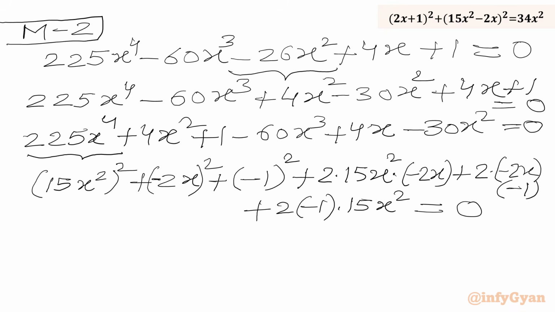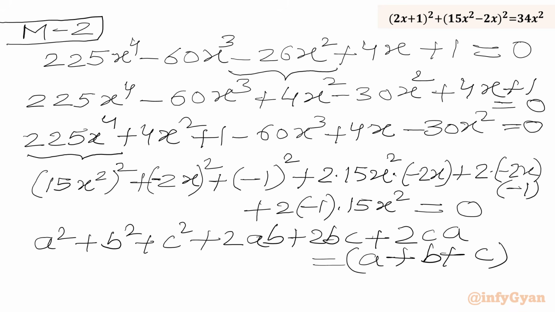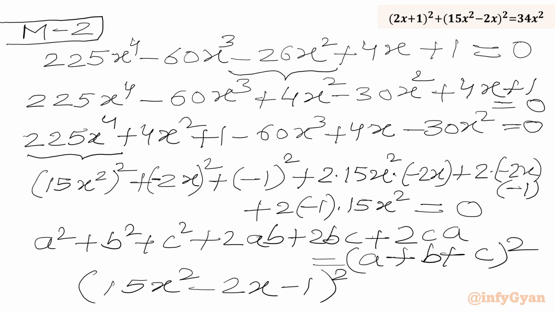Now this is one algebraic identity. A square plus b square plus c square plus 2ab plus 2bc plus 2ca, which is a plus b plus c whole square. So in LHS, I can write this is 15x square minus 2x minus 1 whole square equal to 0.